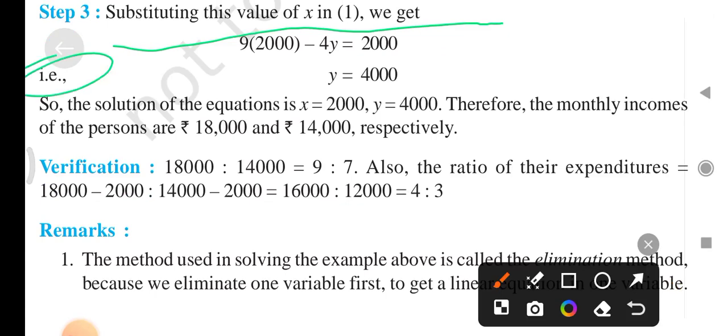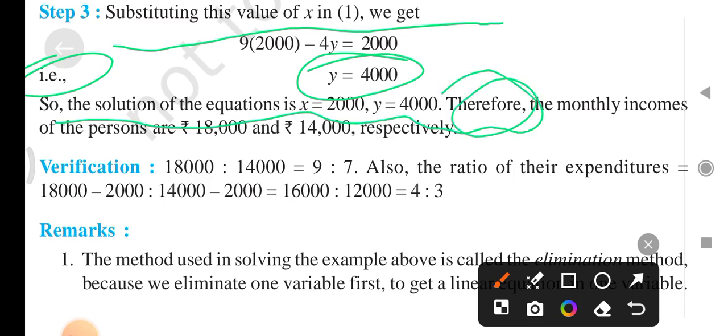That is, y is equal to 4000. So the solution of the equations is x is equal to 2000, y is equal to 4000. Therefore, the monthly incomes of the persons are 18,000 and 14,000 rupees respectively.